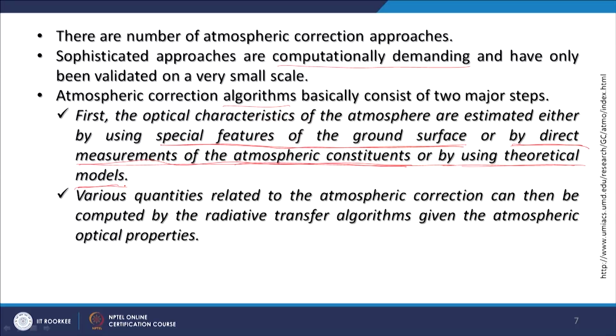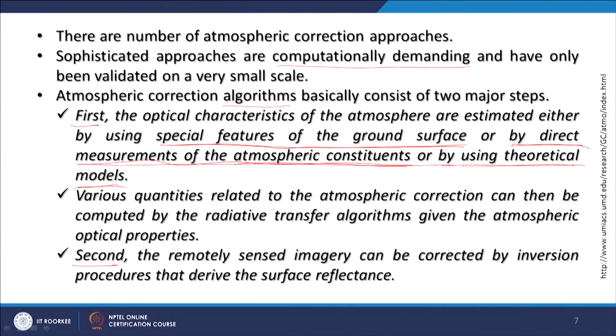The problem lies here, because of all the complications present within the atmosphere. So, various quantities, that means the atmospheric constituents for the atmospheric correction, can then be computed by a radiative transfer algorithm given the atmospheric optical properties.